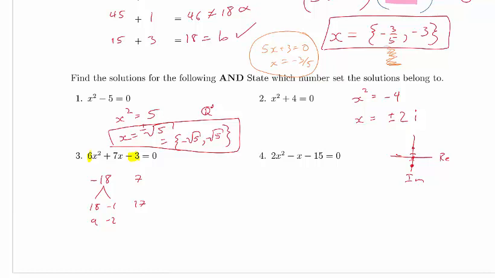And when I add these two numbers together, 9 minus 2, I get 7, which is precisely what we are looking for. So, let's go ahead and work this now. And so we've got 6x squared plus 9x minus 2x minus 3.